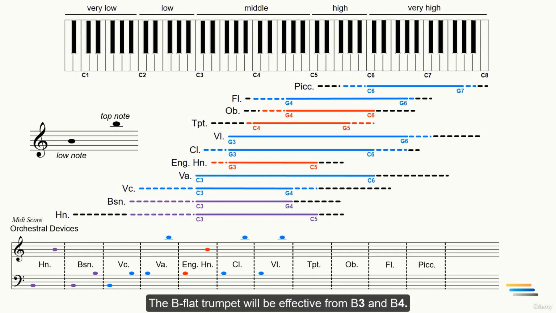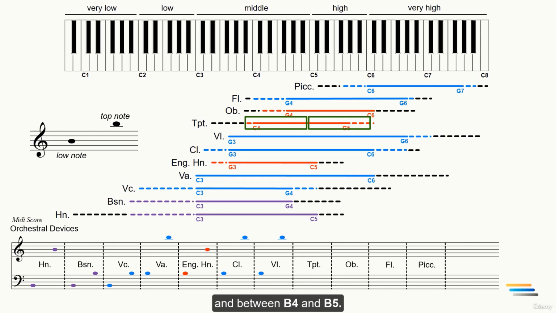The B-flat trumpet will be effective between B3 and B4, and between B4 and B5.